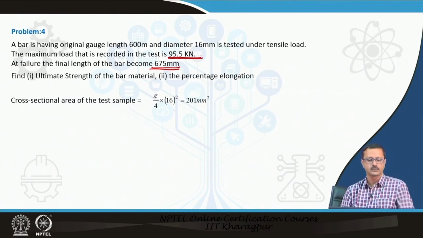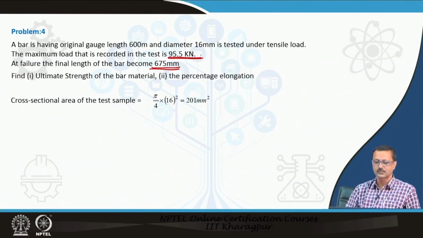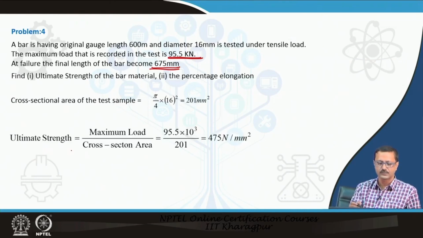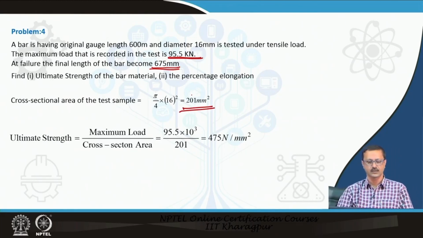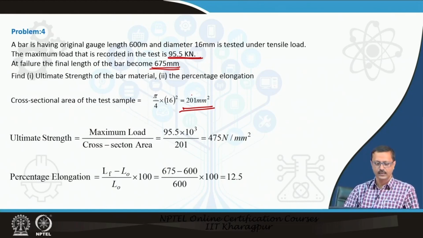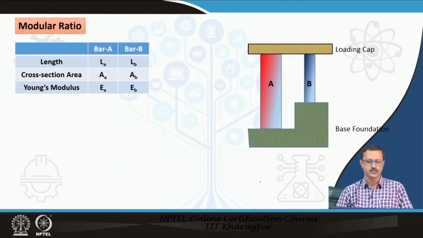You have to find the ultimate strength and the percentage elongation. I have found the ultimate strength as 95.5, the maximum load, by 201, the cross-section area of the test sample, and the percentage elongation as 12.5% or so.